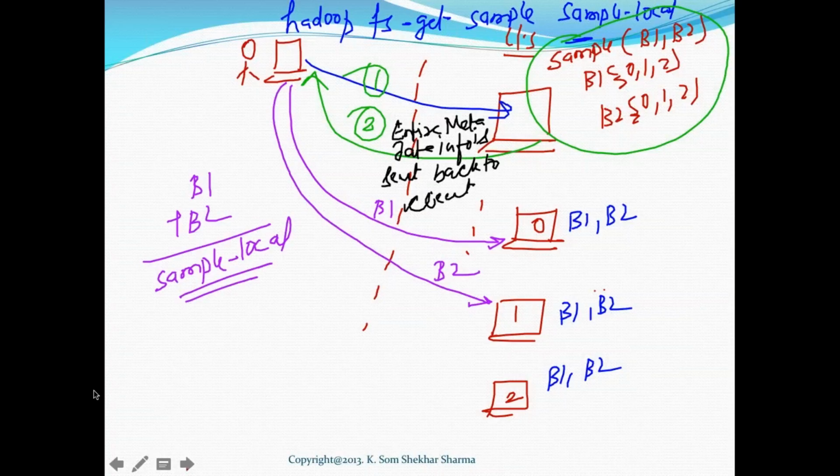So the concept you need to understand is who merges the blocks and creates the file. It is not the framework that will merge all the blocks and give it to the client. It is the client who will read all the blocks of data on its own side, and it will merge the file. Is that clear? Yes, sir.